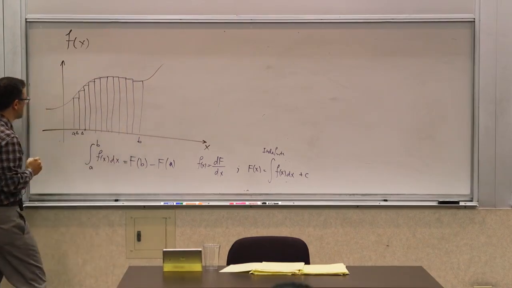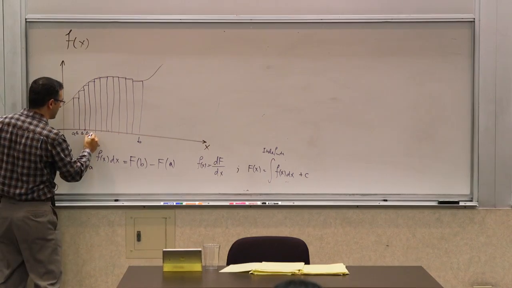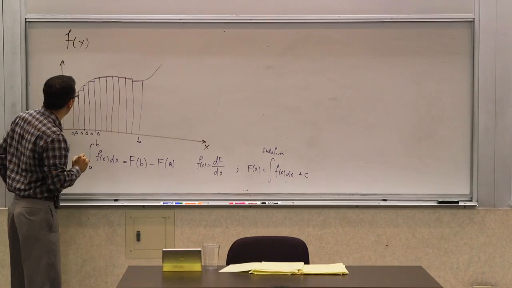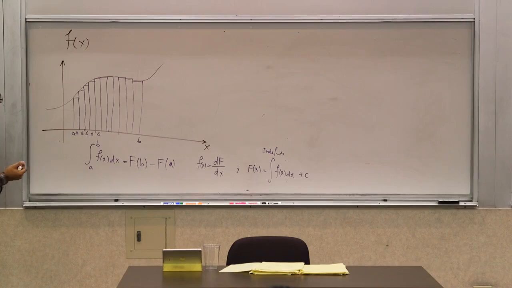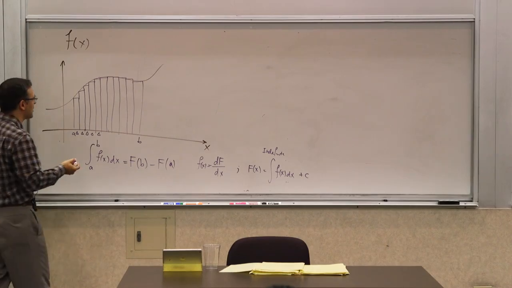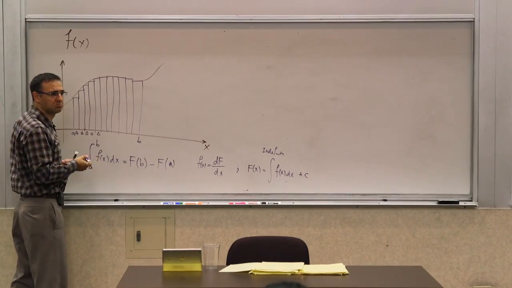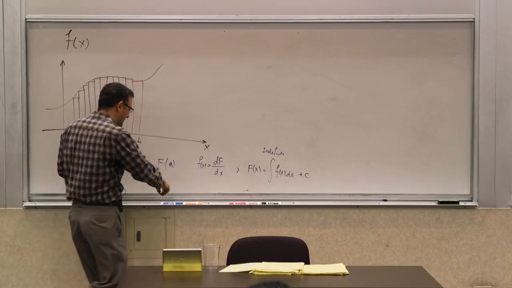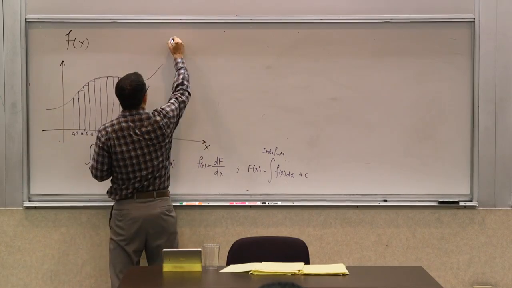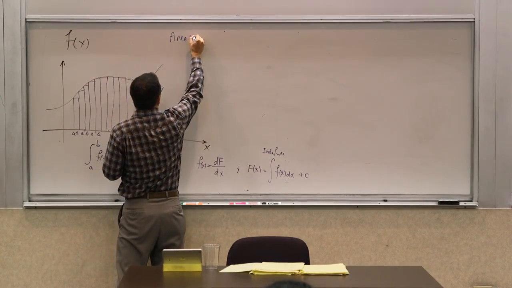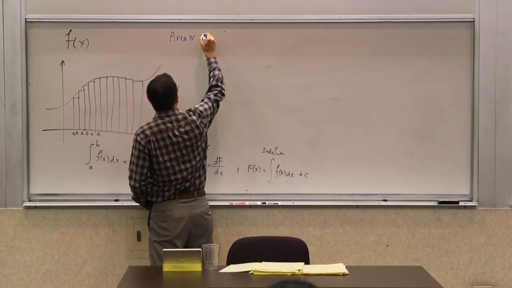Okay? So all of them have a width of delta, delta, delta, whatever. And the area is approximately the sum of the areas of these rectangles. It's an approximation.